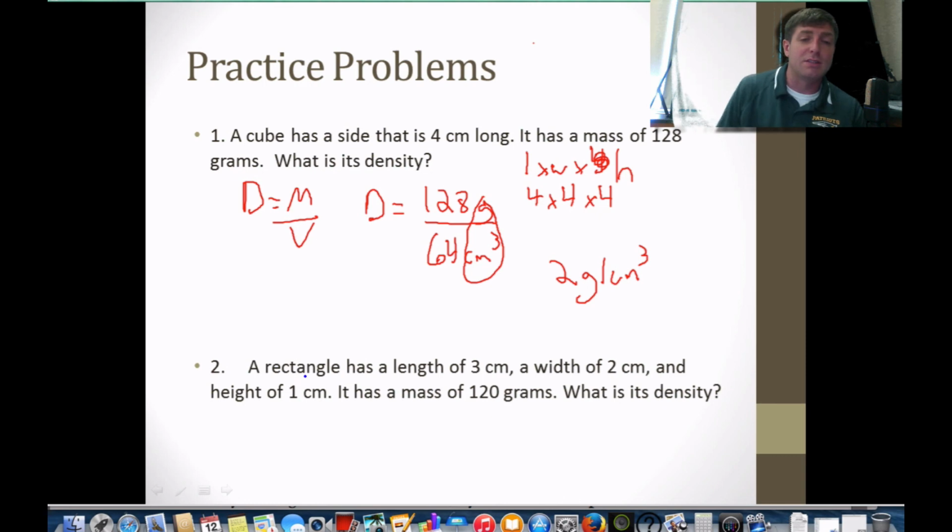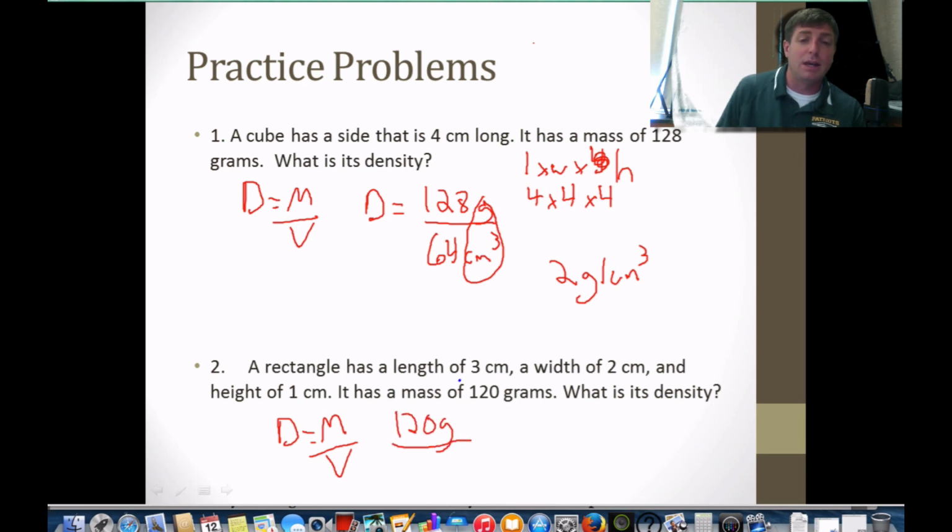Another one, a rectangle has a length of 3 centimeters, a width of 2 centimeters, and a height of 1 centimeter. It has a mass of 120 grams. What is its density? Okay, so again, we're looking for the density. D equals M over V. Our mass is listed for us, 120 grams.